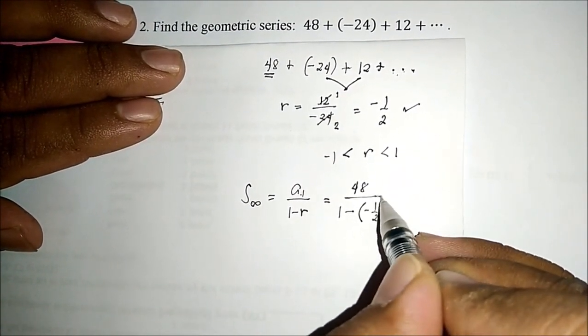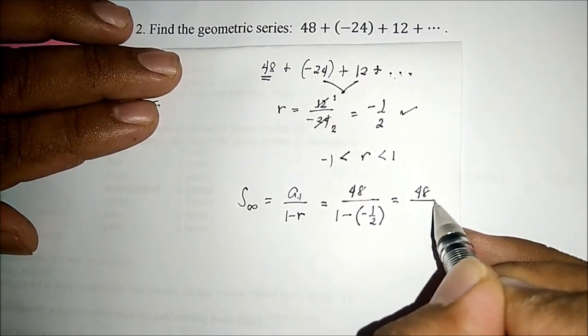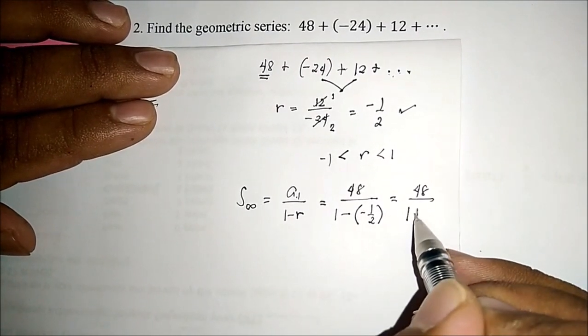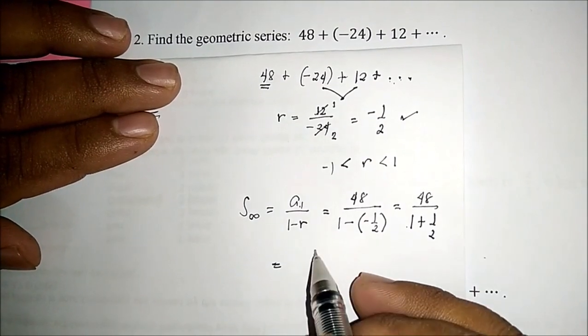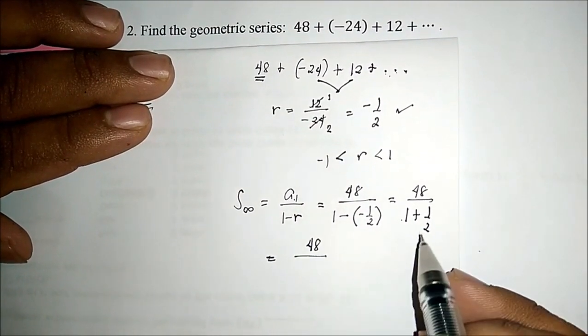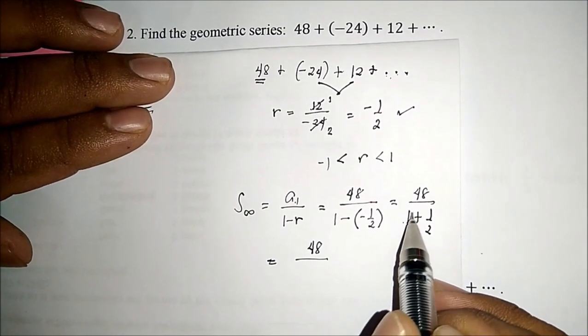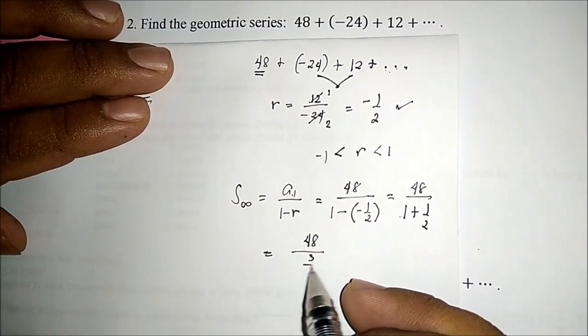Do not forget the parentheses since the ratio is negative. So 48 over, this is minus negative, so that becomes 1 plus 1/2. So remember the shortcut in adding whole number and fraction. 2 times 1 is 2, plus 1 is 3. So that would be 3 over 2.